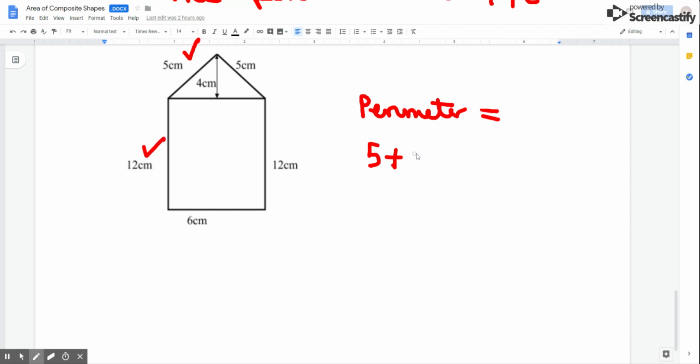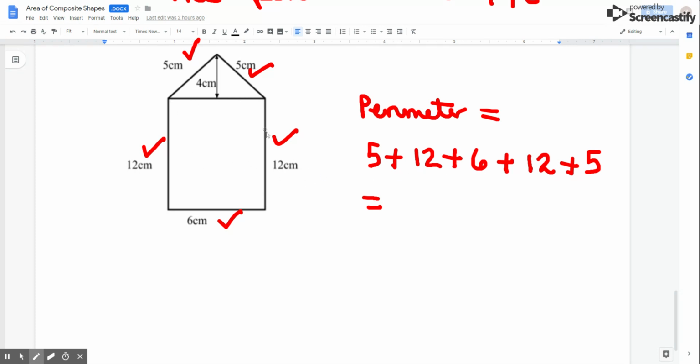Plus, that's 12. Plus, that side is 6. Plus, this side's another 12. Plus, the last side is 5. So we're adding the distance of all the sides around the shape.